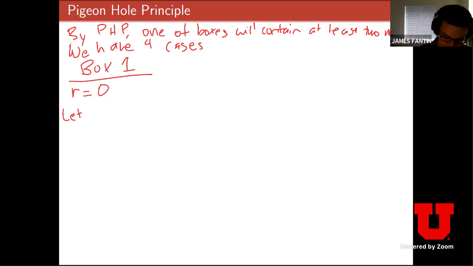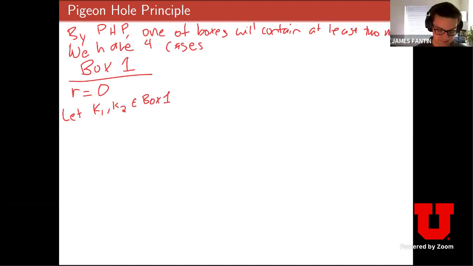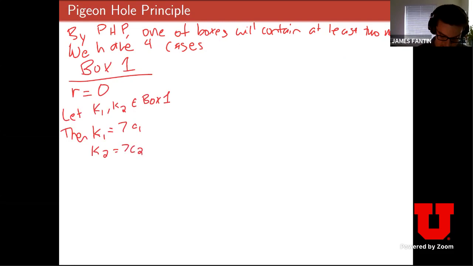Let K1, K2 be elements of box 1. So we got 2 numbers, K1, K2 in the box. Then K1 is equal to 7 times some constant C1, and K2 is equal to 7C2. And why do we know this? Well, we know this by the division theorem.